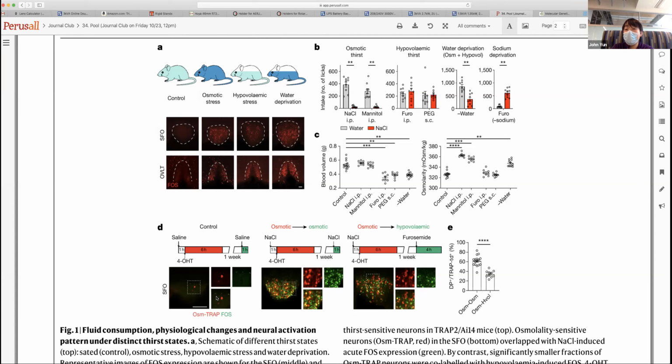Water deprived animals showed a preference for water over salts, and sodium deprived animals consumed sodium more specifically.